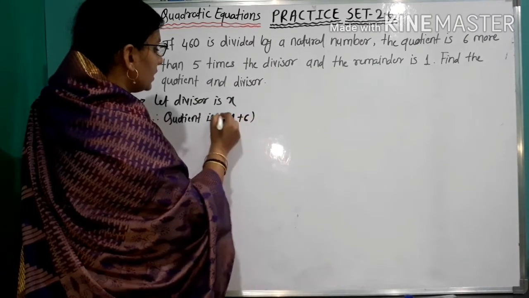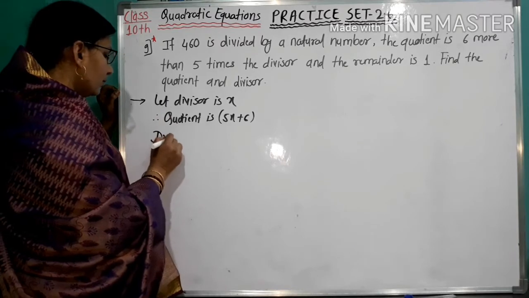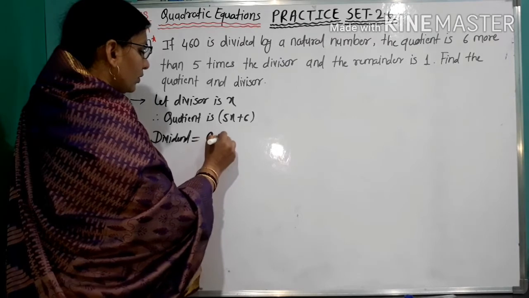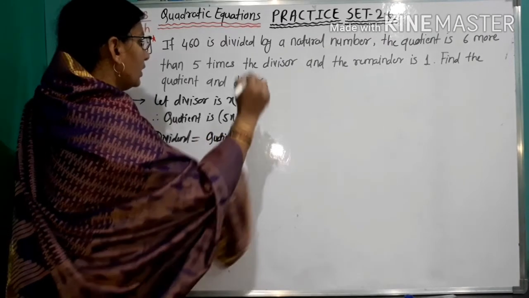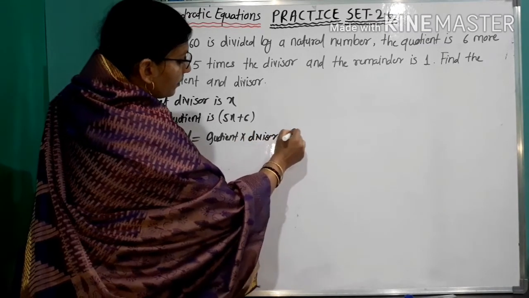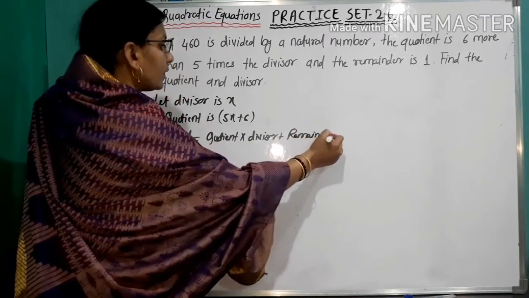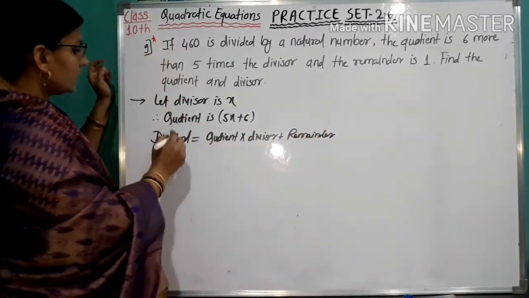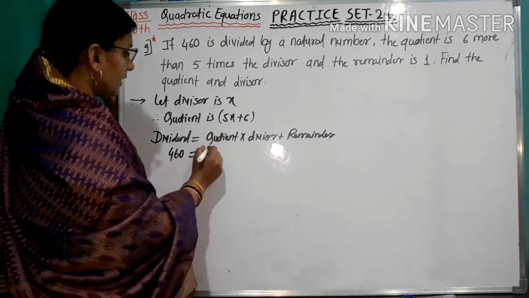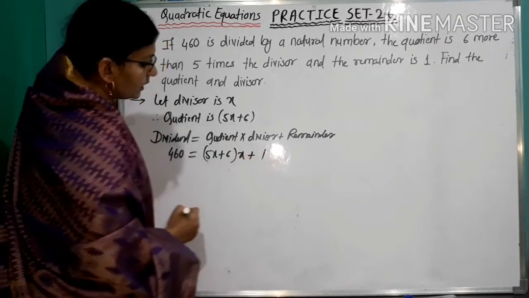We know that dividend equal to quotient into divisor plus remainder. Here, dividend is 460, quotient is 5x plus 6, divisor is x and remainder is 1.